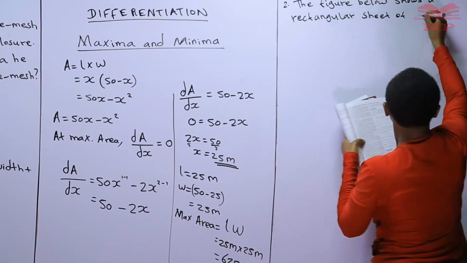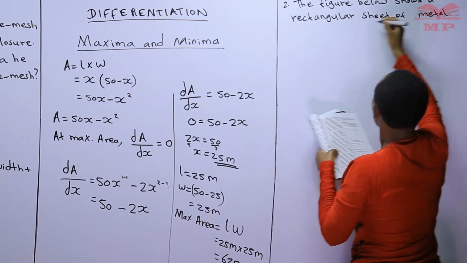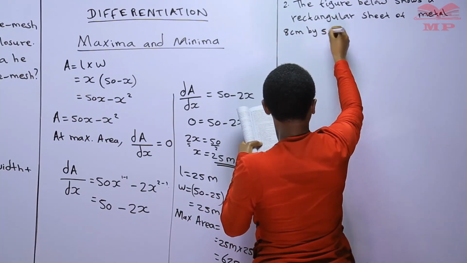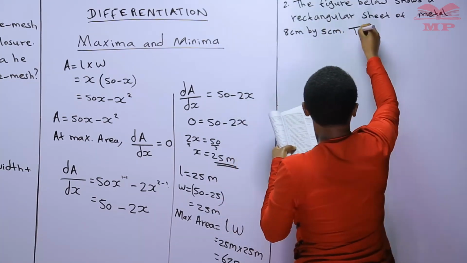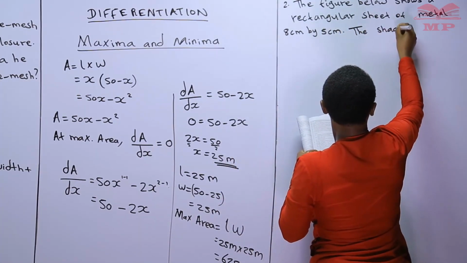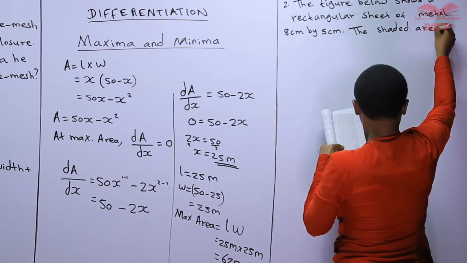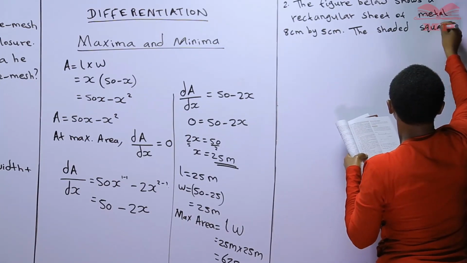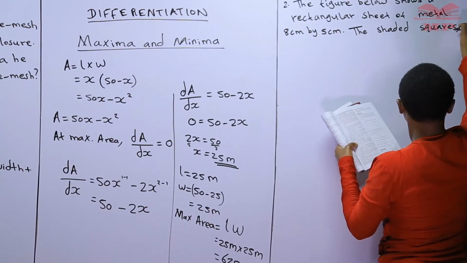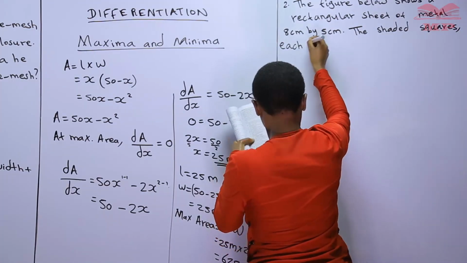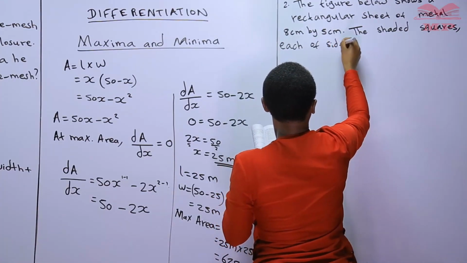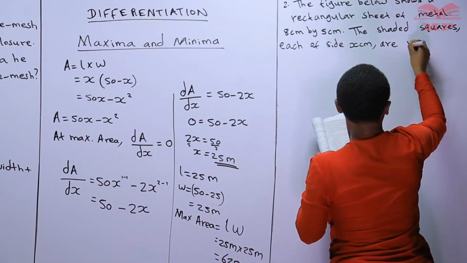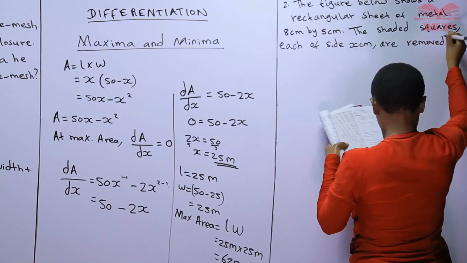sheet of metal, and these are the measurements: 8 centimeters by 5 centimeters. Then we are told that the shaded squares, we have some squares that have been shaded. The shaded squares, each of side x centimeters, are removed.